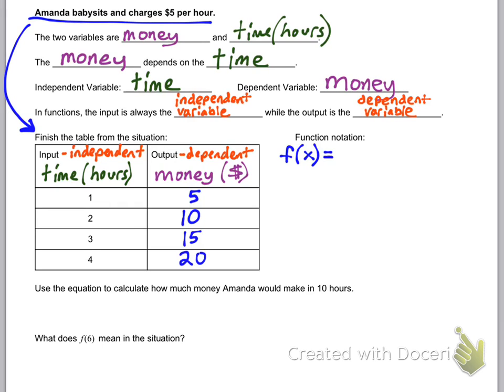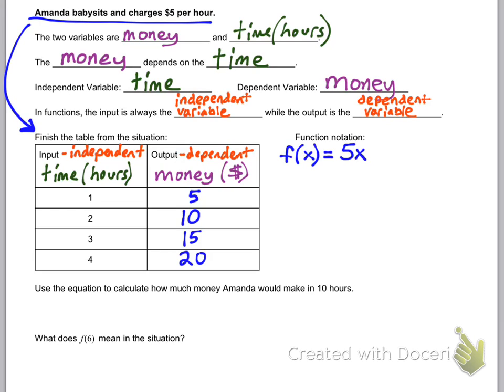So our function we can write using function notation like this. Do you remember f of x? That's saying the input is x, and the output is whatever is to the right of this equal sign. Well, the output is always 5 times the number of hours, so we're going to write that as 5x.